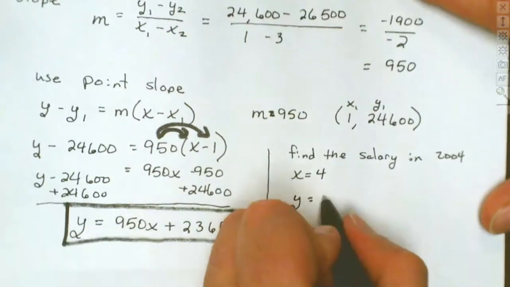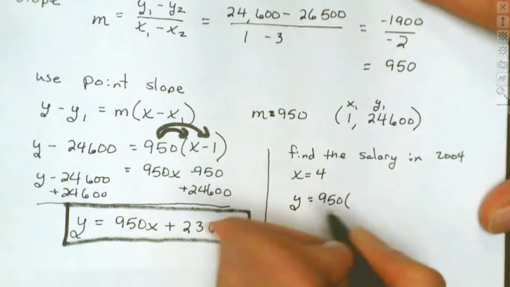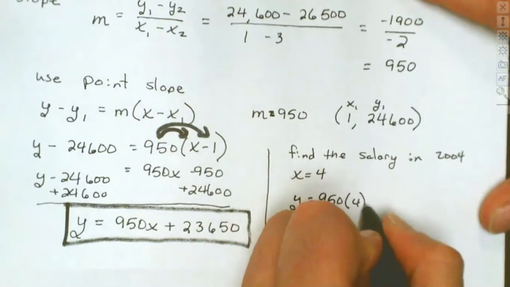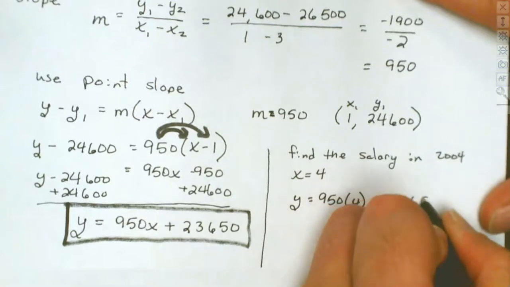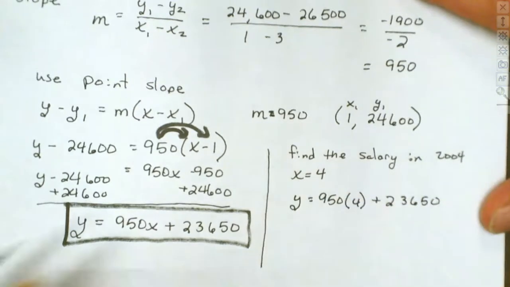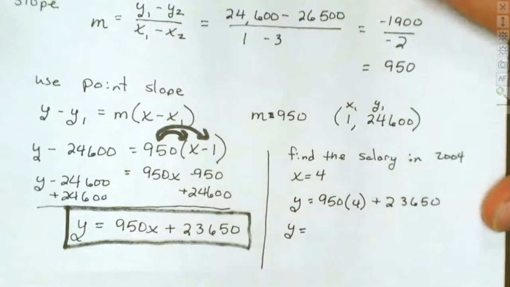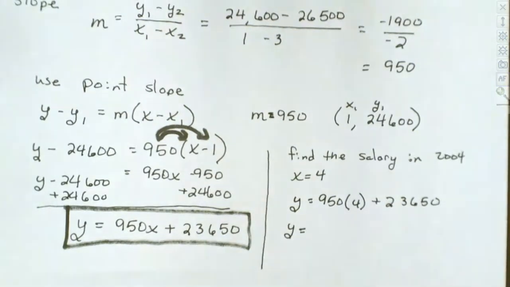So we've got y equals 950 times 4 plus 23,650. And we'll go ahead and work this out. And what do we get for our salary? 950 times 4 plus that 23,650.